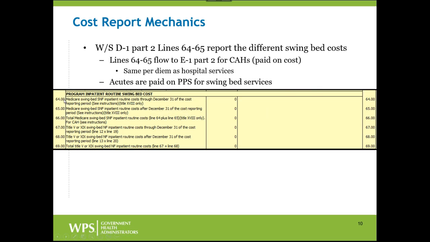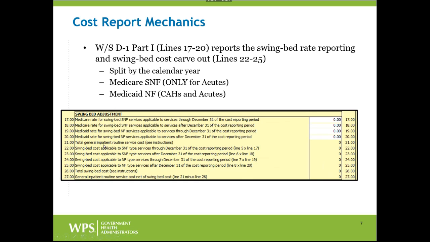And finally, we get to the latter part of D-1 Part 2. This is where those SNF and NF swing bed costs are actually reported. So these are flow numbers. These are calculated numbers based on the rates that you reported back in lines 17 through 20.